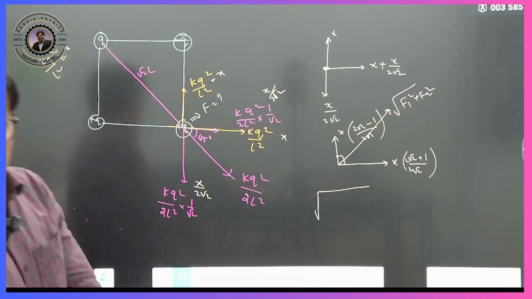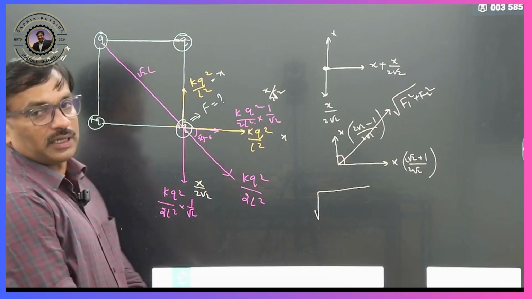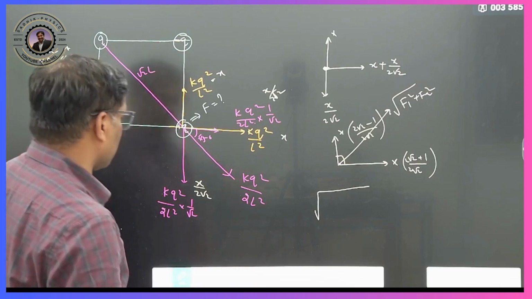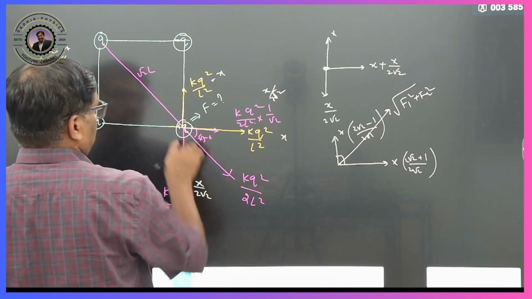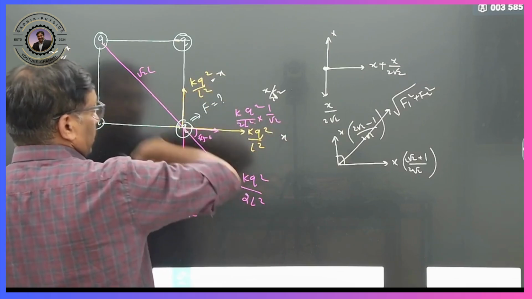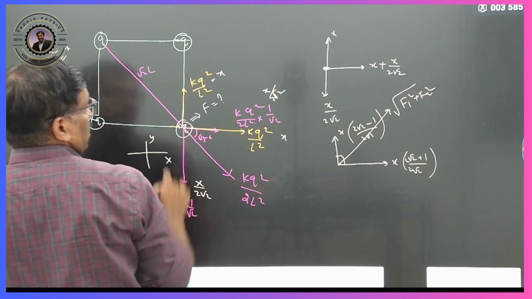Clear? You can solve it now, right? Or you can represent it in terms of x axis and y axis also. If you take this side as your x axis and this side as y.